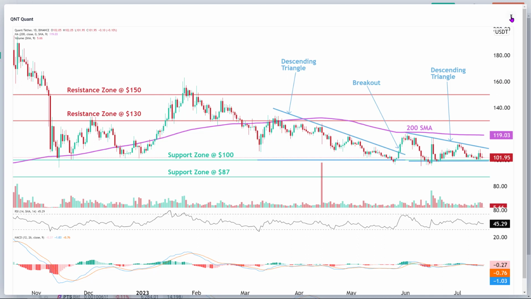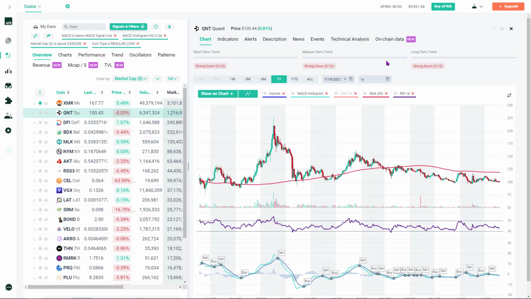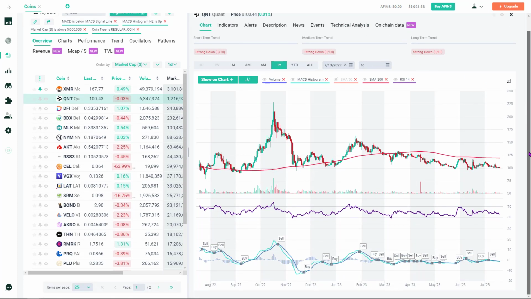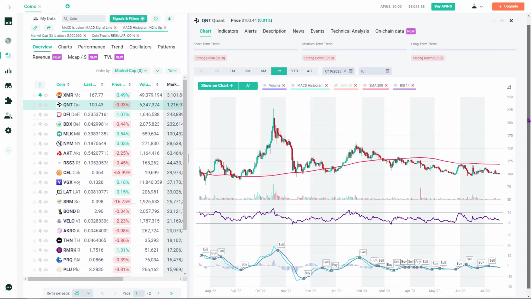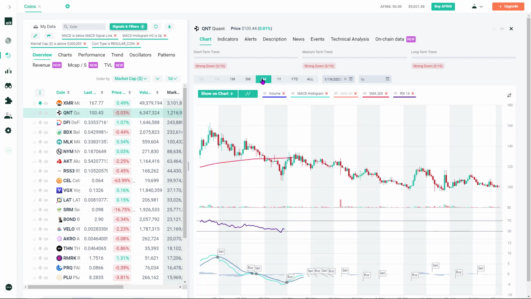So I'm going to wait here again. I've got to wait here for a breakout in either direction. That would basically give me some clues as to whether the price action over the next few weeks will be bullish.